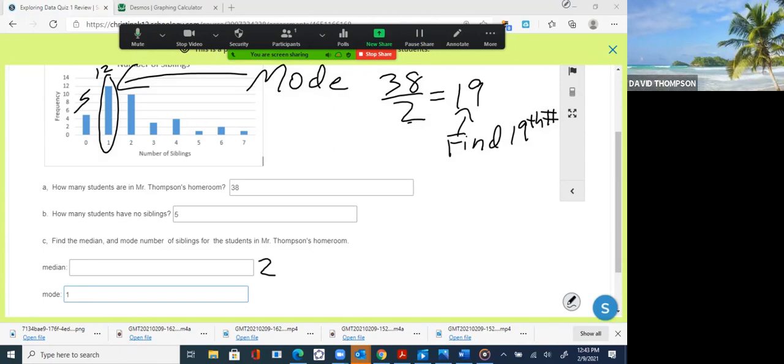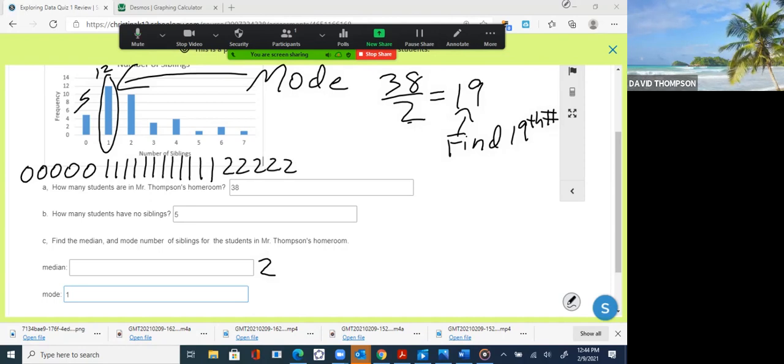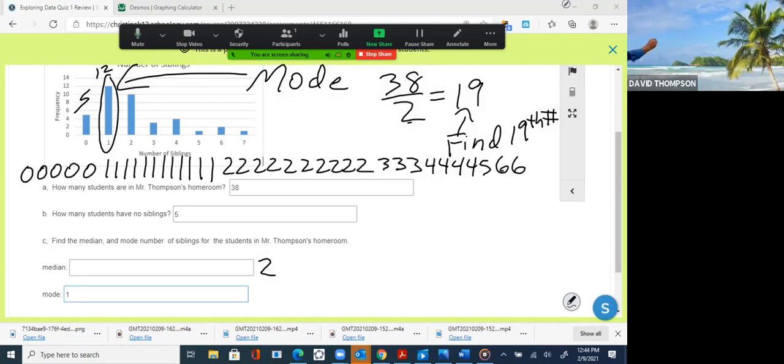So if this is confusing, what you could do is just write it out. So write out 5 zeros, 12 ones, 10 twos, 3 threes, 4 fours, 1 five, 2 sixes, and 1 seven.